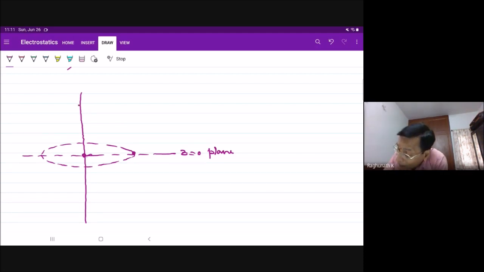Now I will consider dz at any z having the charge rho l dz. Concentrate now. Because the field is cylindrically symmetric, the vector from the differential element to the point of interest, irrespective of where it is on this circle, is what?